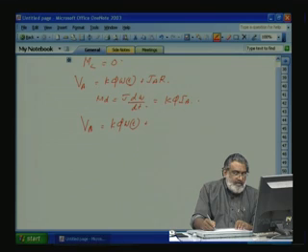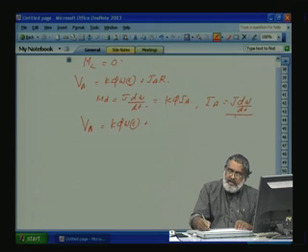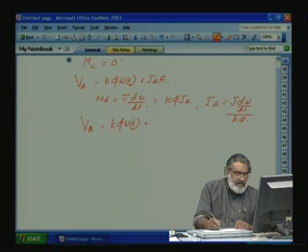From this equation, Ia is equal to J into d omega by dt divided by K phi. So, when we substitute here, this will be equal to JR by K phi into d omega by dt.